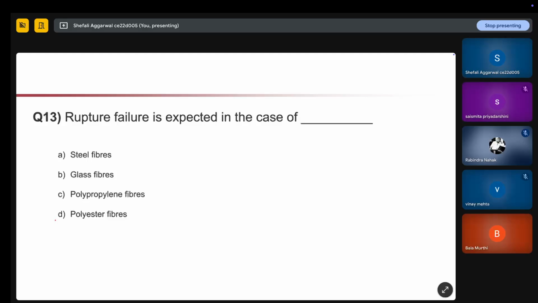So your answer is correct. In glass fiber only we will have rupture failure. Rupture failure means your material or your fiber will break suddenly. So it will happen mostly in glass fibers.